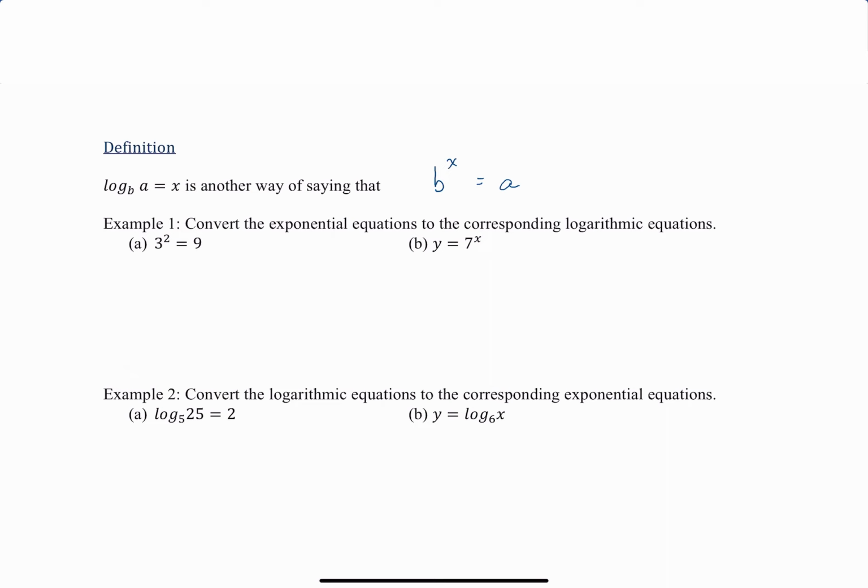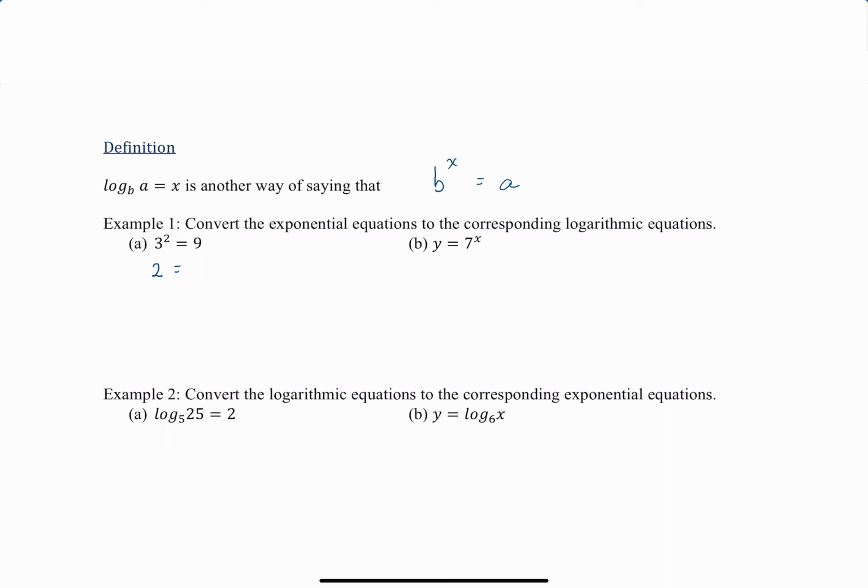Let's get a little practice converting back and forth between these two ways of talking about this relationship. So let's convert the exponential equations to corresponding logarithmic equations. So starting with 3 squared equals 9, I want a way of talking about the exponent 2. How could we describe that?